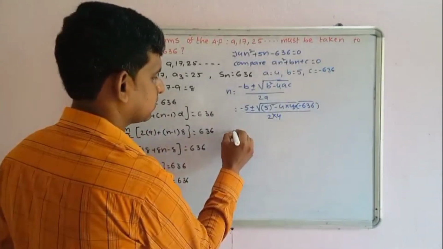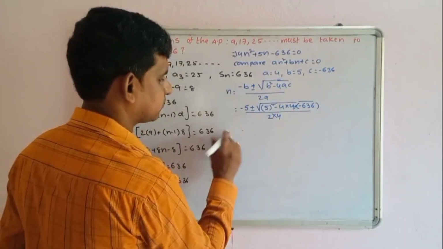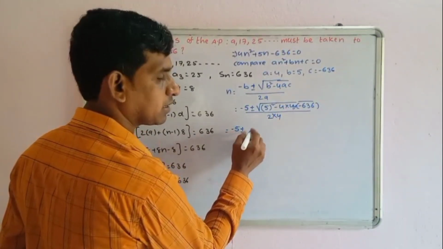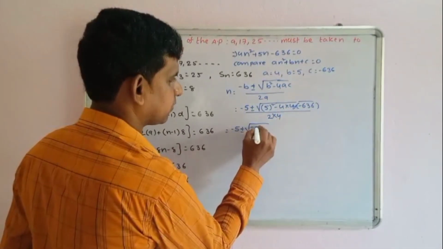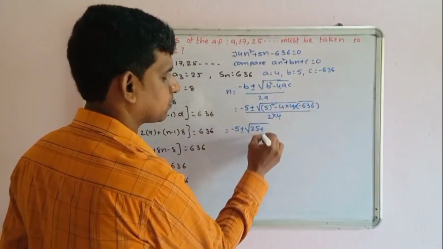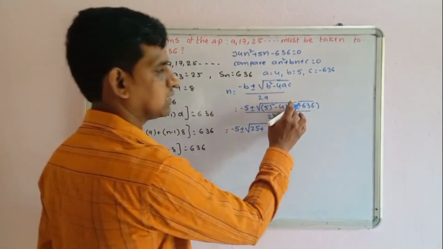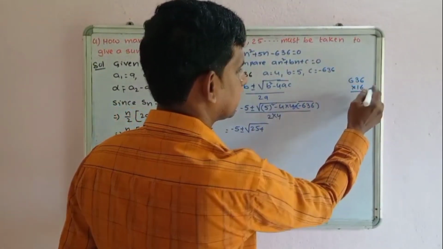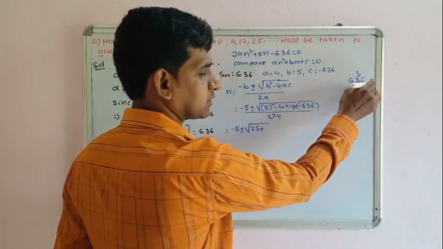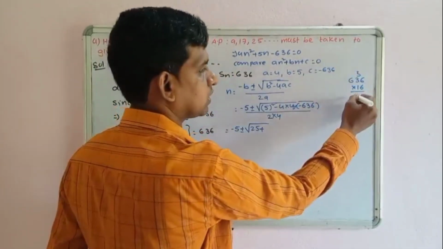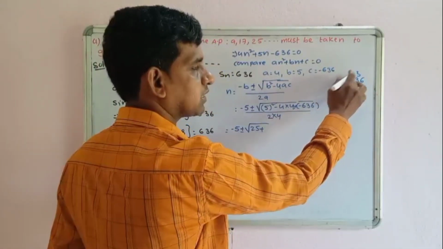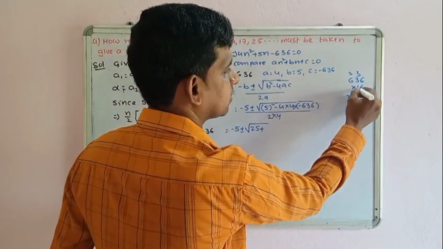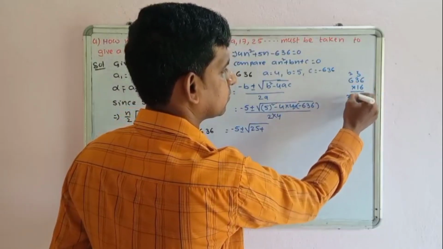So minus 5 plus or minus square root of 5 square value 25. Negative times negative is positive, plus 4 fours are 16. 16 times 636. Let me multiply 636 into 16.